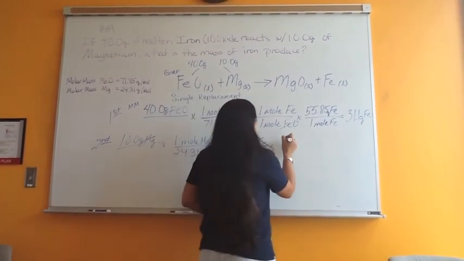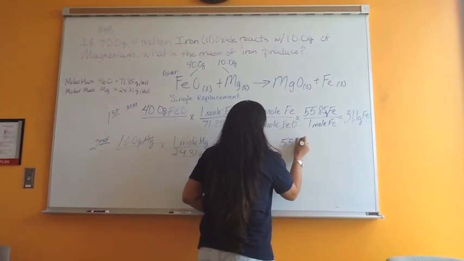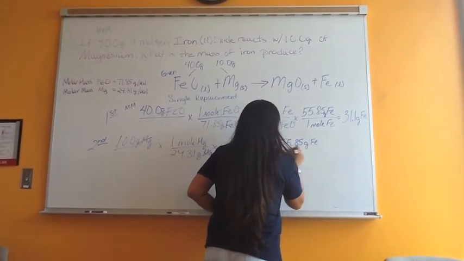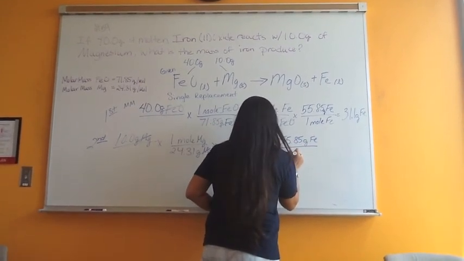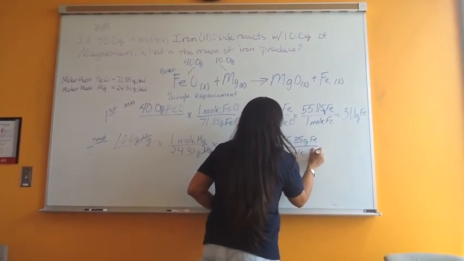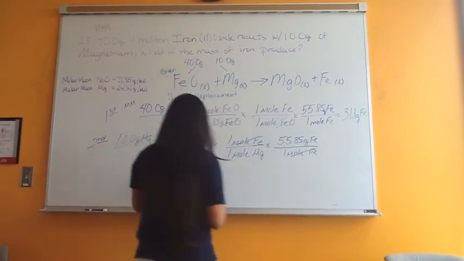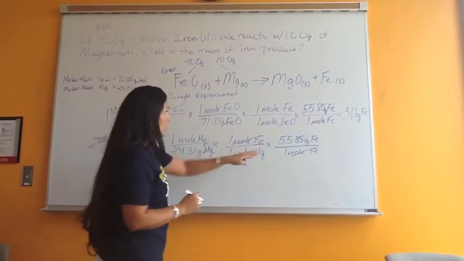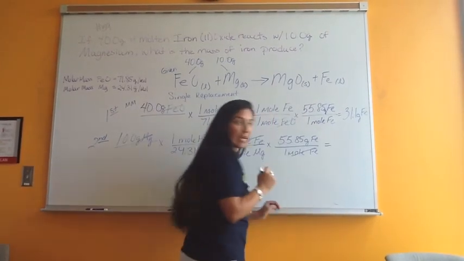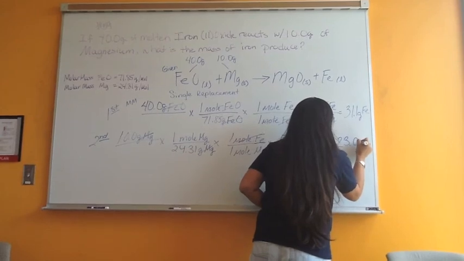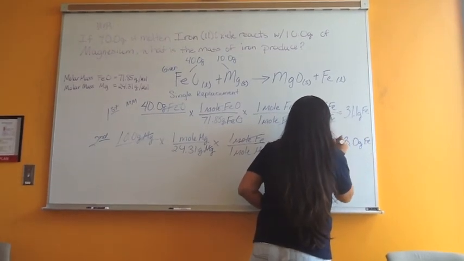So here again we have 55.85 grams of iron per 1 mole of iron. We're going to cancel out, and we're going to do our calculations here, and that calculation is going to come out to 23.0 grams of iron.